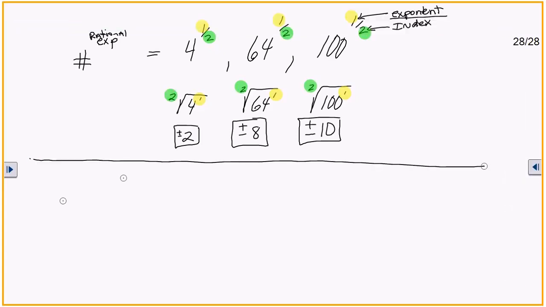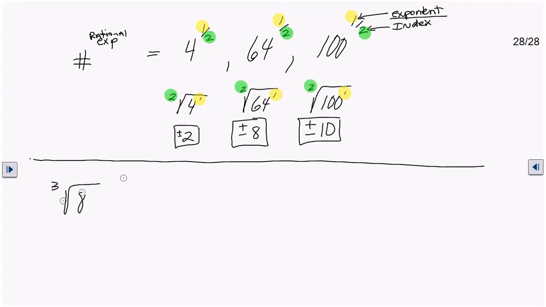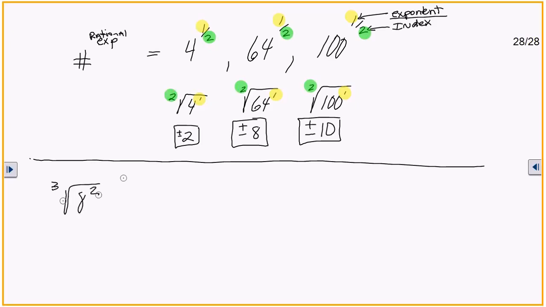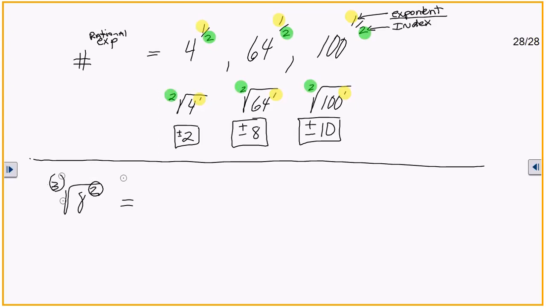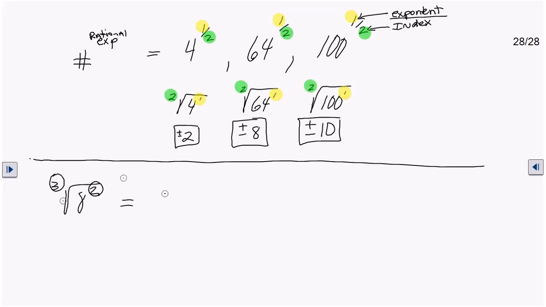If I give you this on a test and say, take the cube root of 8 to the second power, then I can rewrite that. There's my exponent, there's my index. Exponent over index. So I can rewrite that as 8 to the 3/2 power.